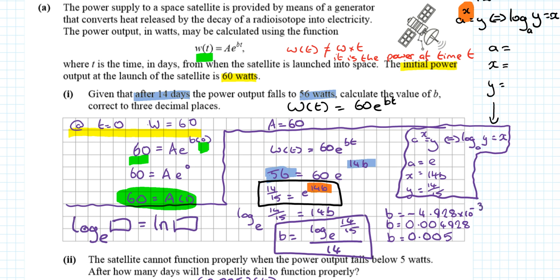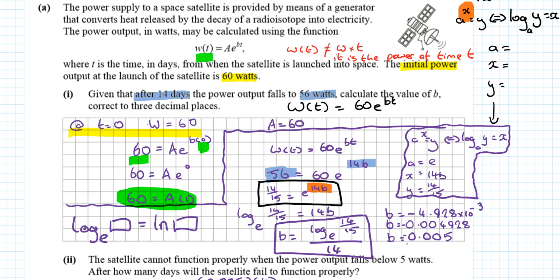The power of minus 3. Remember, that's going to be a small number, so minus 3 is the power. So we're moving the decimal point 3 places to the left. So 1, 2, 3, so we get 2 zeros afterwards. And then it asks for 3 decimal places.